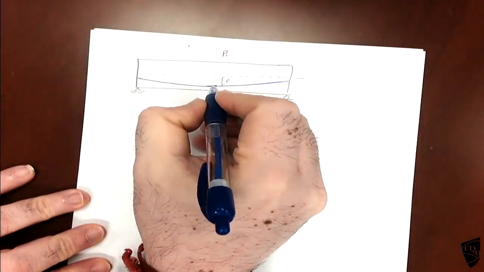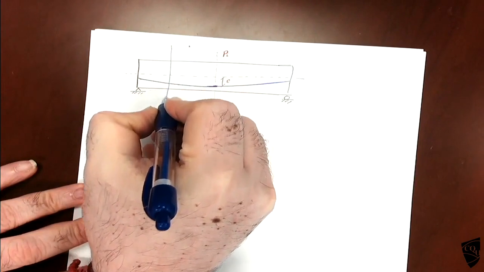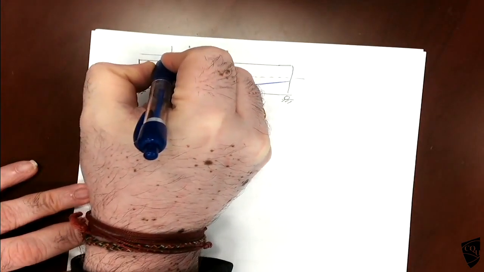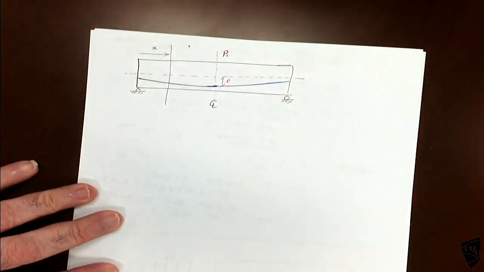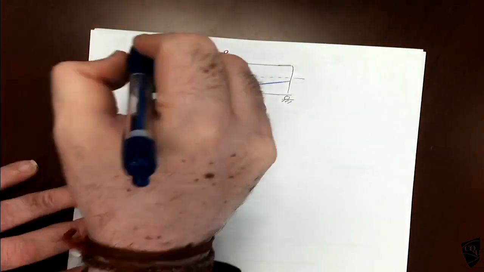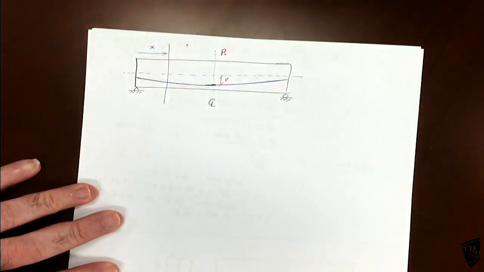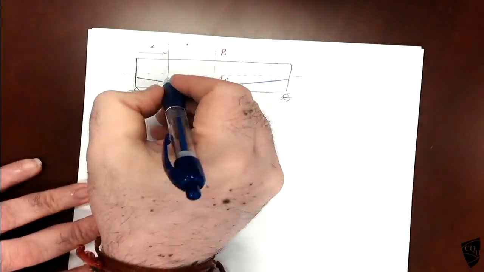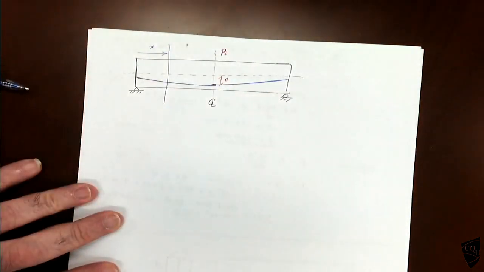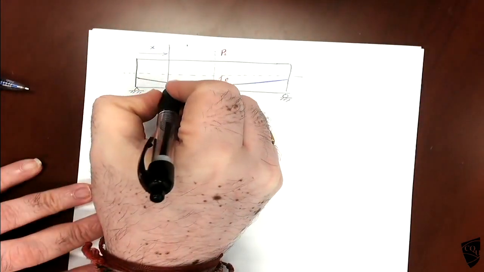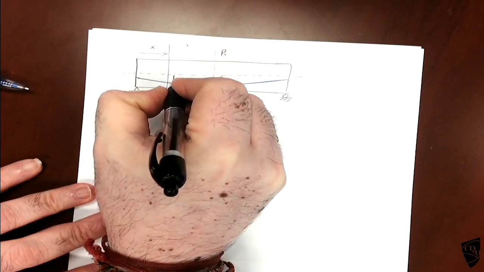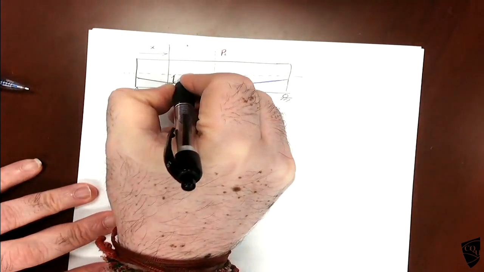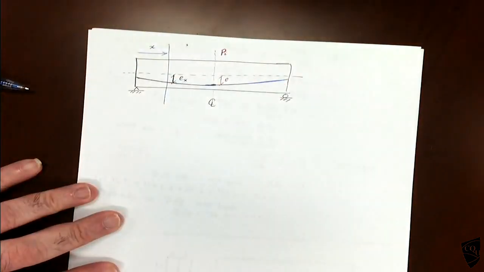To find that out, we will consider an arbitrary section at distance x. So where will the tendon be?